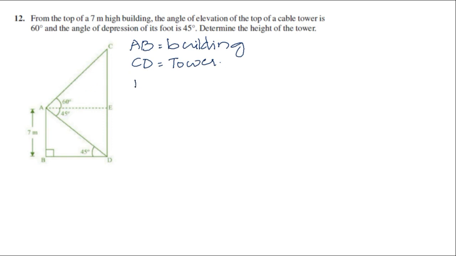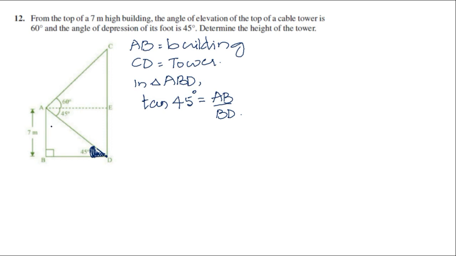Let me consider the triangle ABD. In this triangle, I'll consider tan of 45 degrees, which is equal to AB upon BD. You must be wondering, why did I consider this angle as 45 degrees? You just observe this particular thing is the angle of elevation of the building.